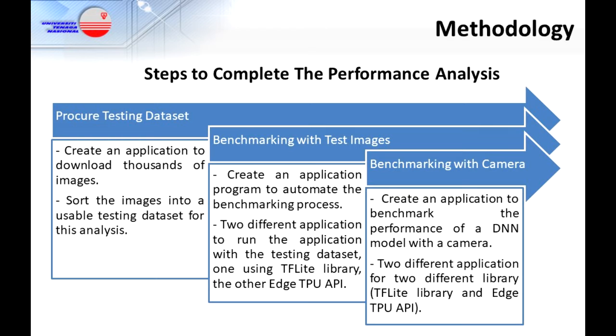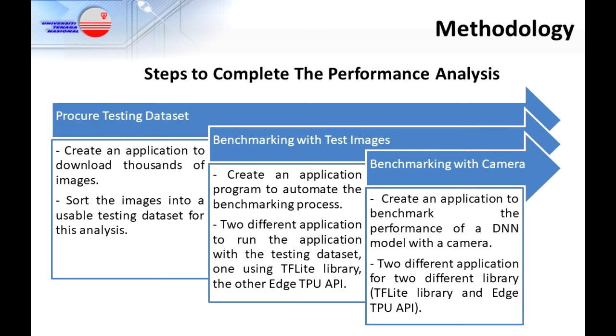Second is benchmarking with test images. We create an application program to automate the benchmarking process with test images. In this test, there are 2 different applications, one using the TensorFlow Lite library and another using the Edge TPU API.